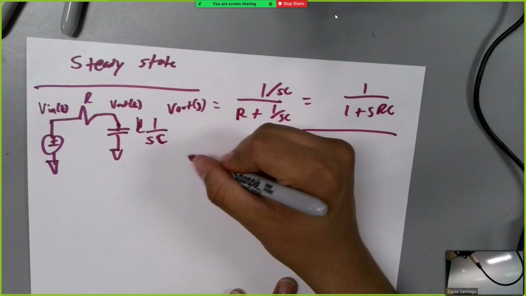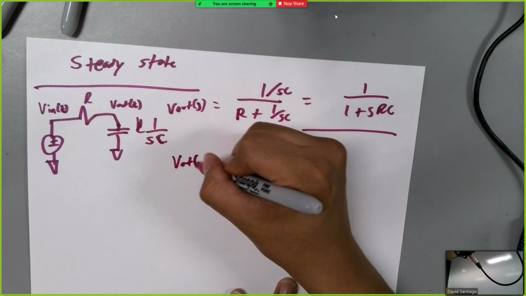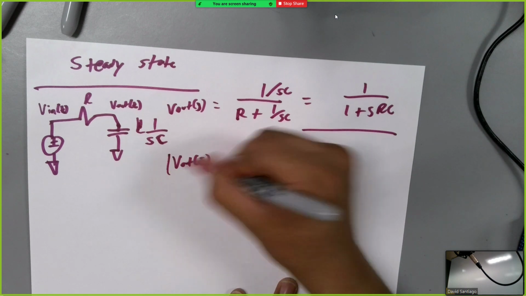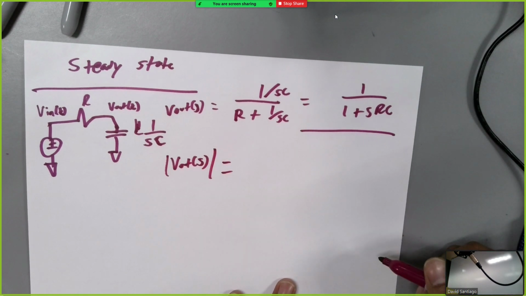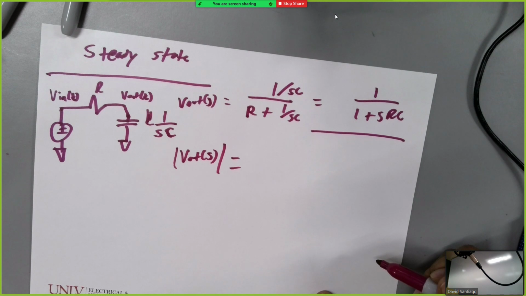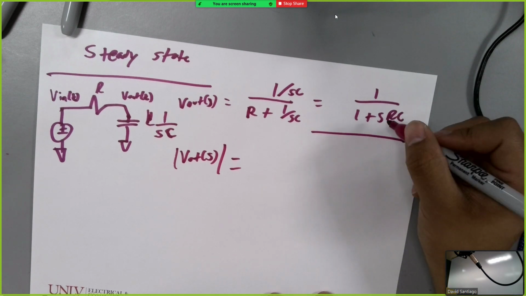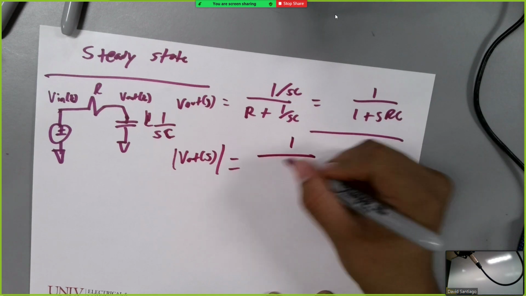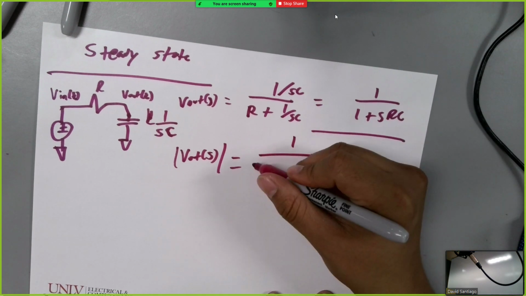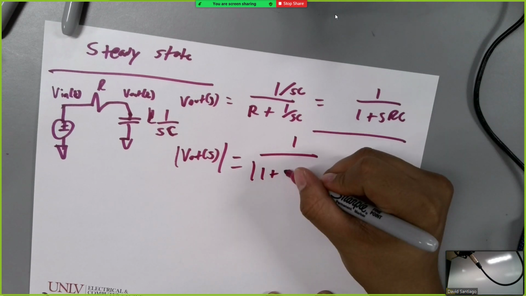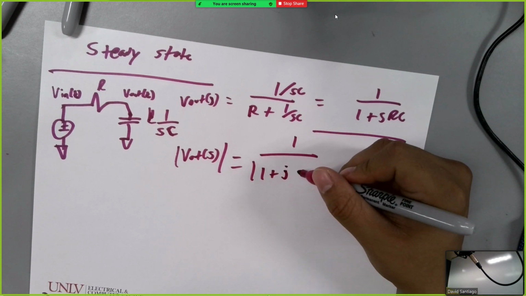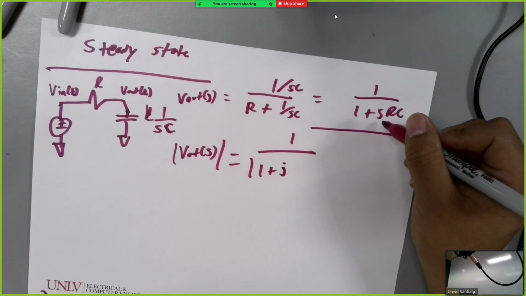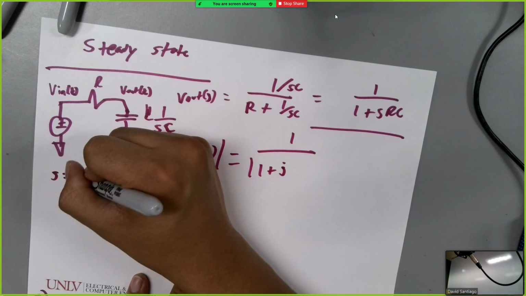And now, how do you find the magnitude of this? V out of S. It's also going to equal 1 plus j omega, 2 pi f of s, because s needs to equal j omega.